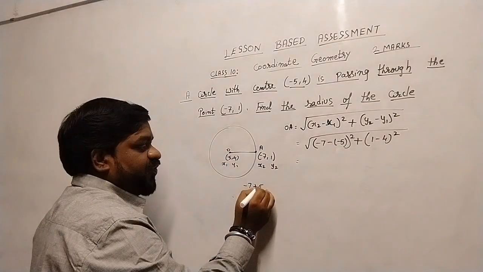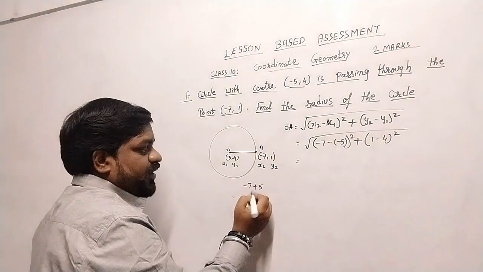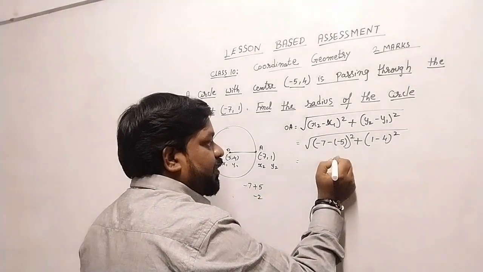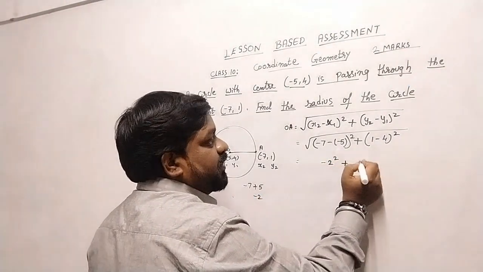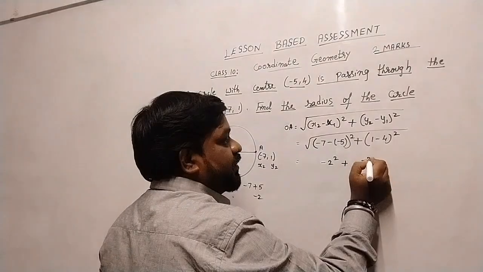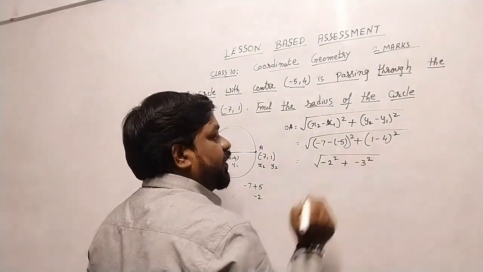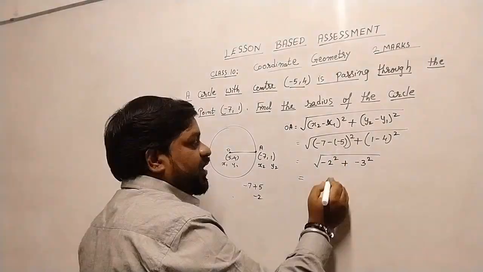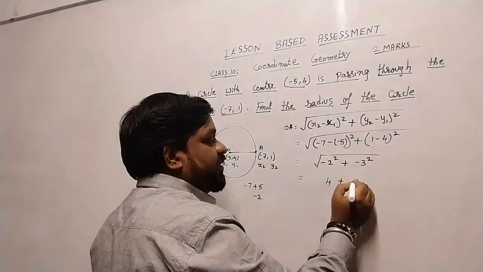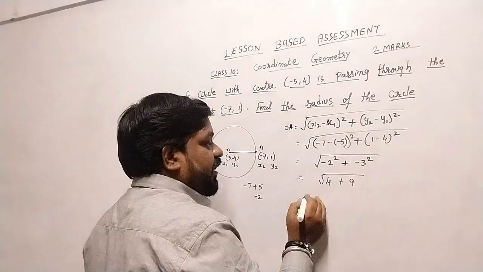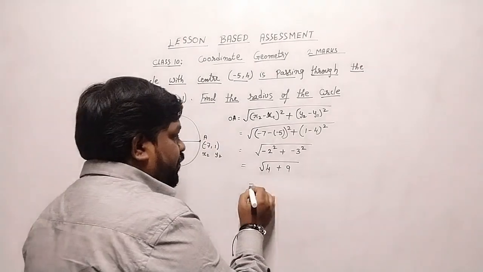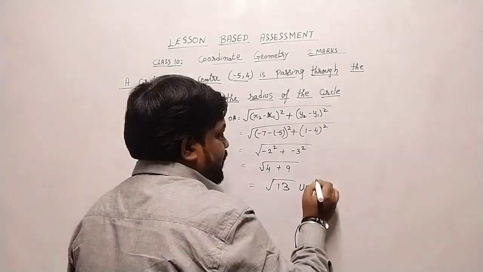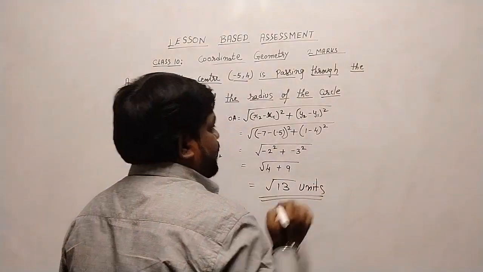Minus 7 plus 5, two different signs, if we subtract, we will get minus 2. Minus 2 square plus minus 3 square, under the root. Here 2 square is 4 plus 3 square is 9. 4 plus 9 is 13. Root 13 units is the answer.